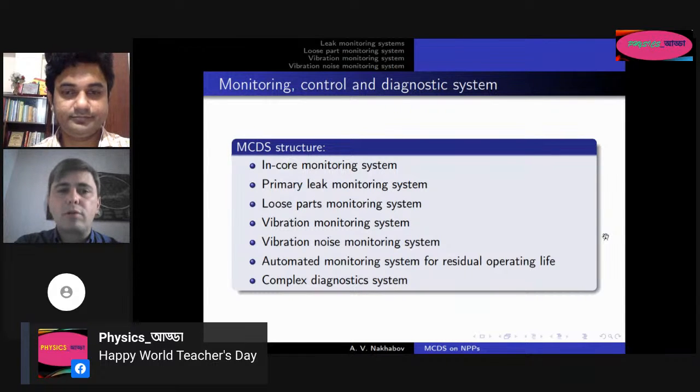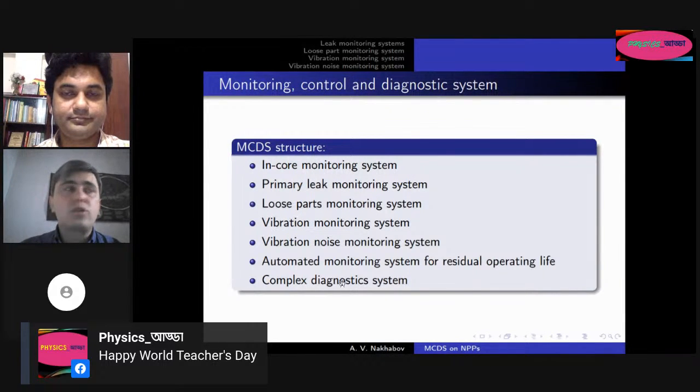We can talk about monitoring, control, and diagnostic systems at a nuclear power plant. On this slide, you see the list of these systems, not all, but maybe the most important ones.